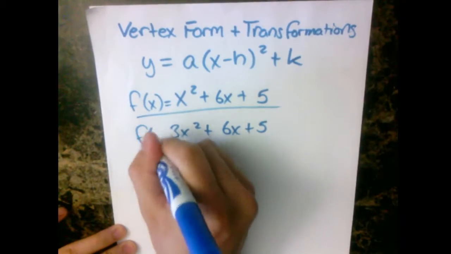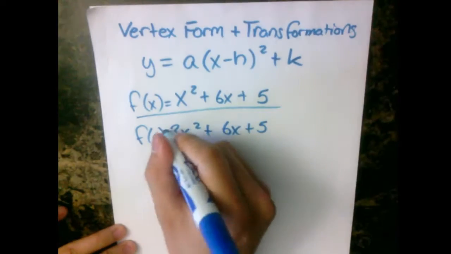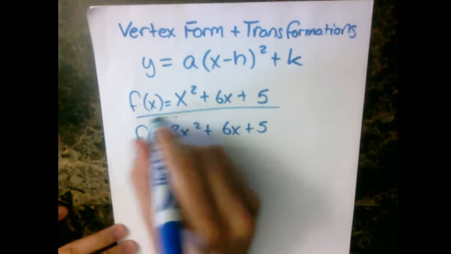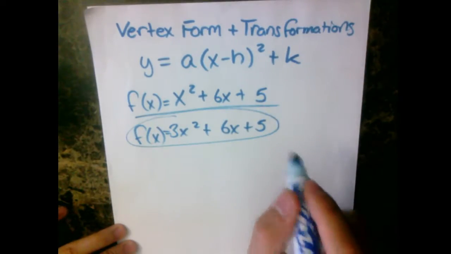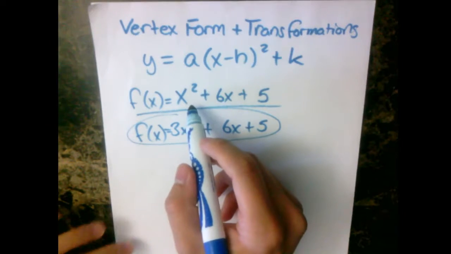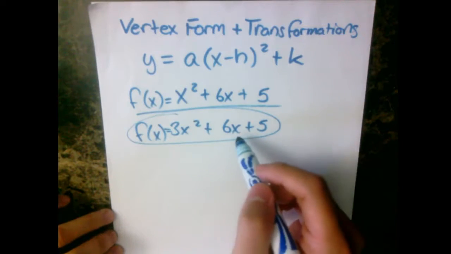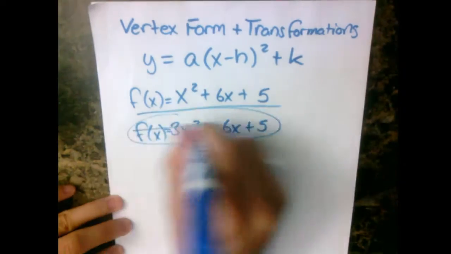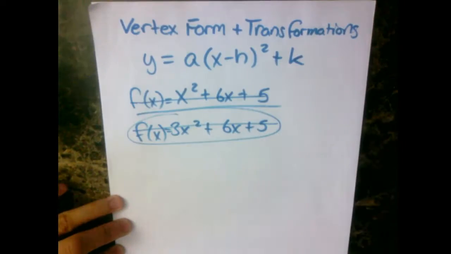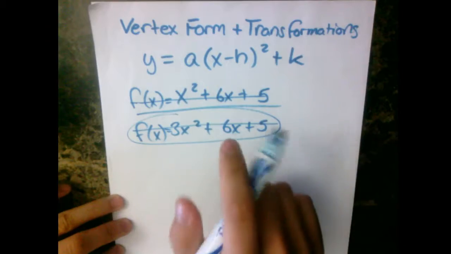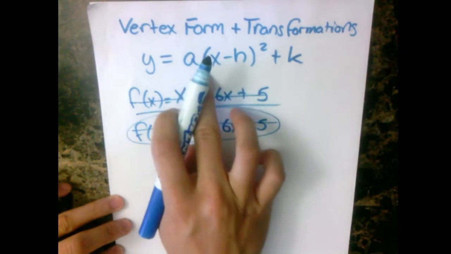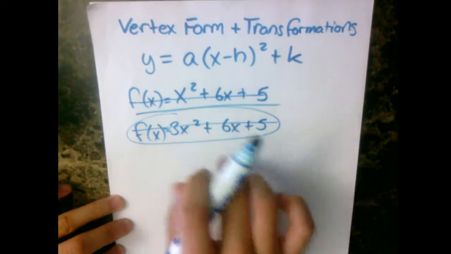Feel free to check out that video in the description in case you're having trouble with that. I'm not going to be testing on those. I'm only going to be testing on leading coefficient ones. But it doesn't really matter. The steps are the same because you're still just completing the square. I'll link that video in case you're confused about how to change standard form into vertex form. You will need to be able to do that for your test.